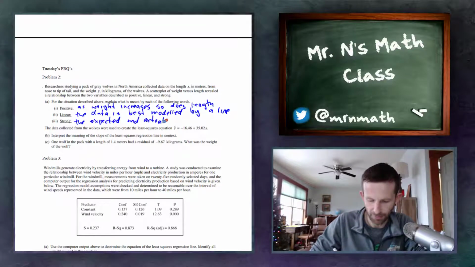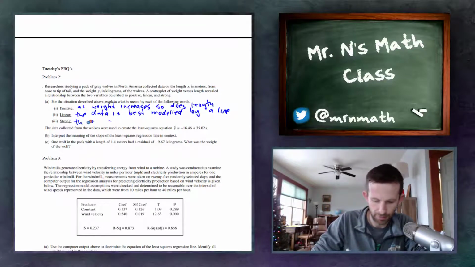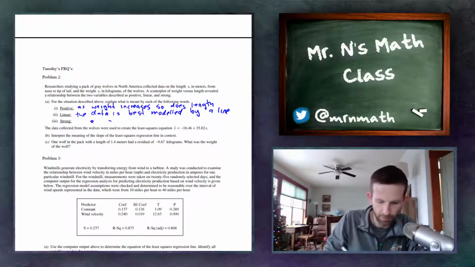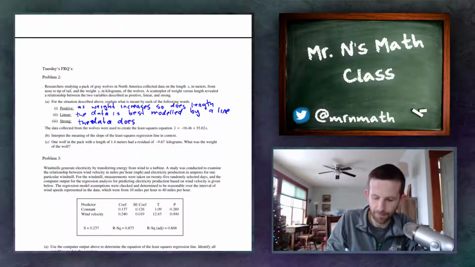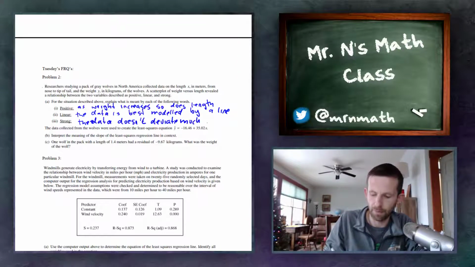I'll actually change that a little bit. I'll say the data doesn't deviate much from the line.